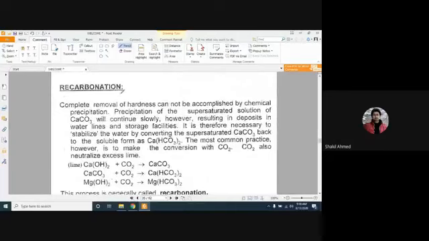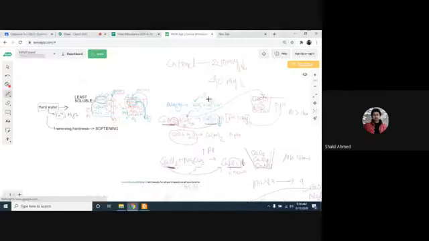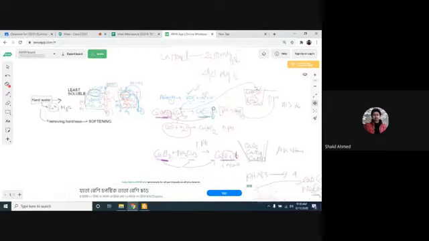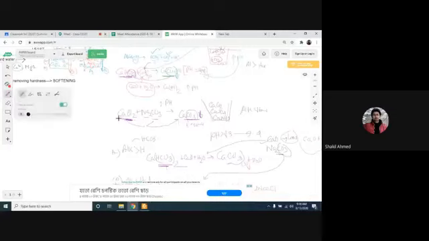Recarbonation. What is recarbonation? What you have done here is converted your calcium ions to calcium carbonate. That means your water is now saturated with calcium carbonate.